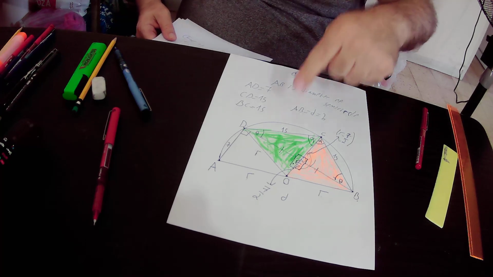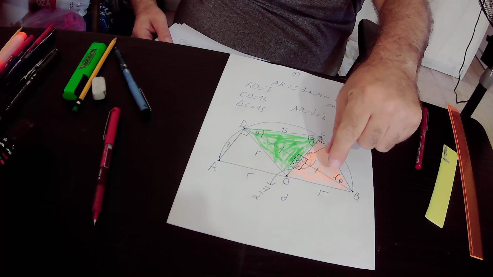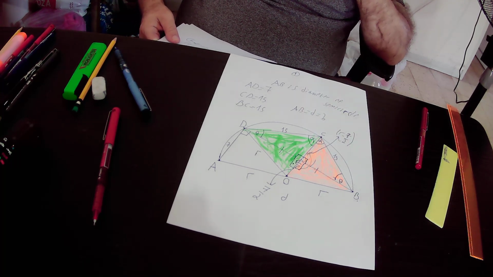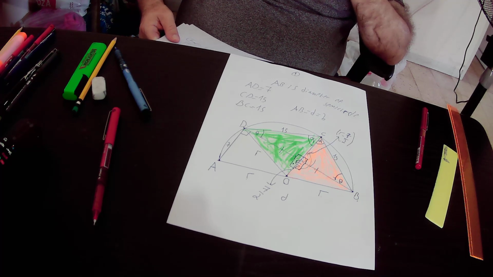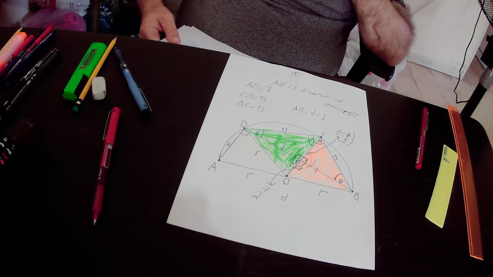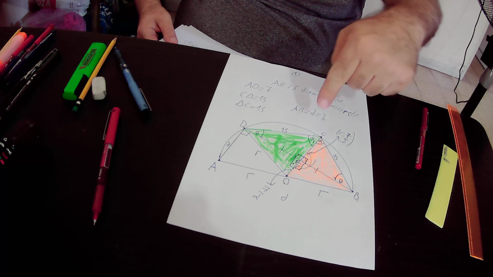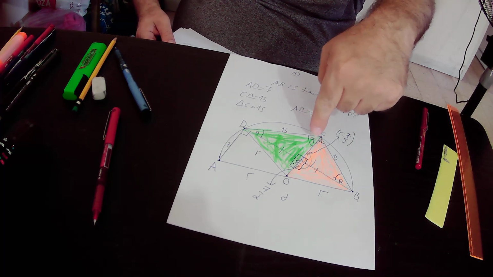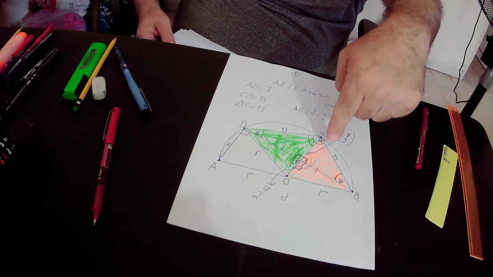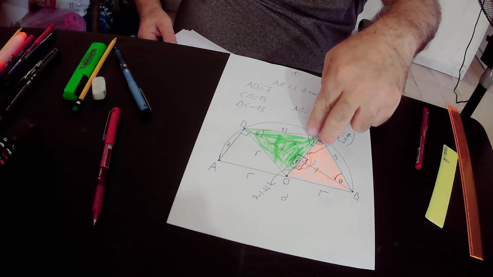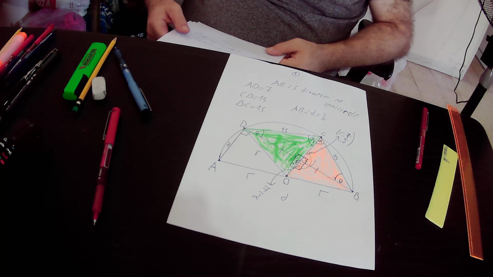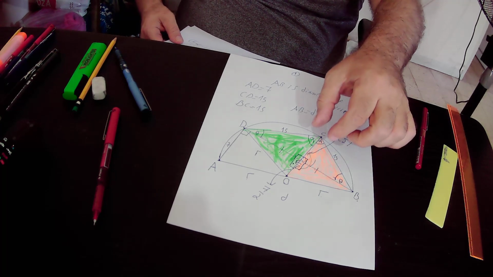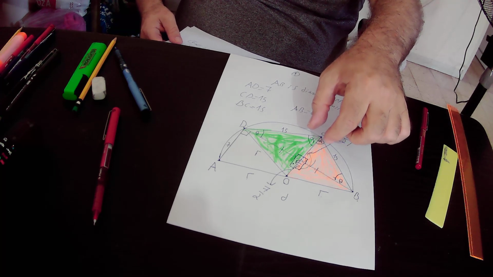Okay, so the green triangle is congruent to the orange triangle, and therefore we can deduce from it that angle OCD equals angle OCB. Those 2 angles are equal to each other, according to the rule that corresponding angles in congruent triangles are equal.